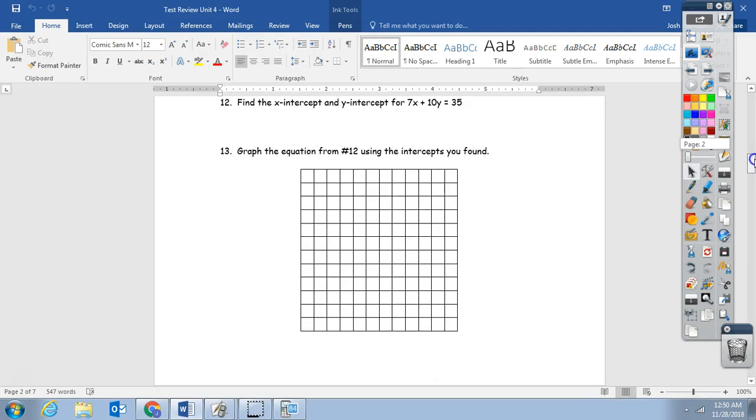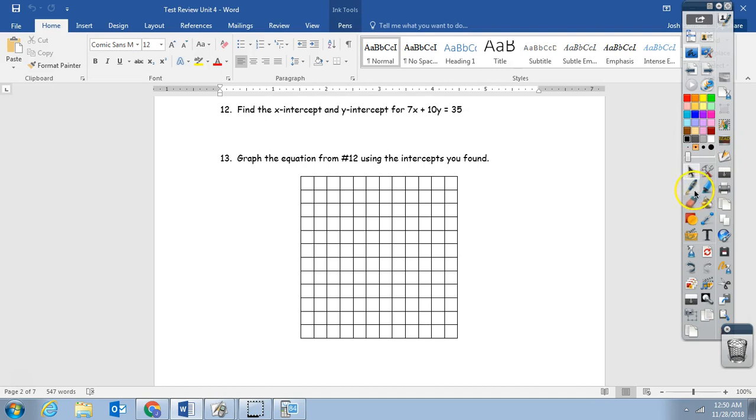The next problem, two problems actually, ask you to find the X-intercept and the Y-intercept and graph the equation. How do you find the X-intercept? To find the X-intercept, you literally let y equal 0, meaning you plug in 0 where y is. That gives me 7x equals 35.